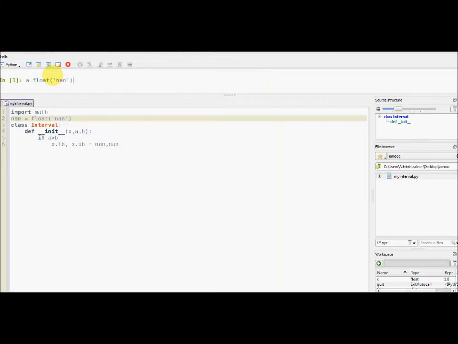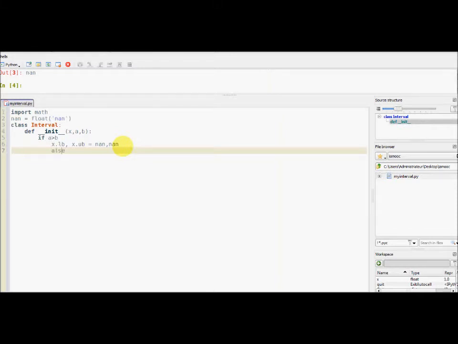It's a specific value of the processor, such that, for instance, a not a number plus 8 equals not a number. A times 3 is also equal to not a number. So it is an absorbing number which will be used to represent the empty interval.